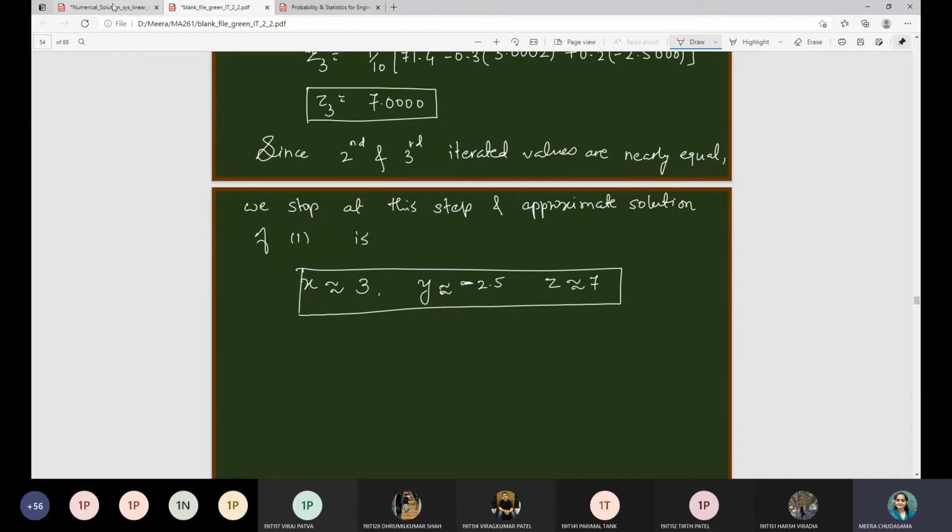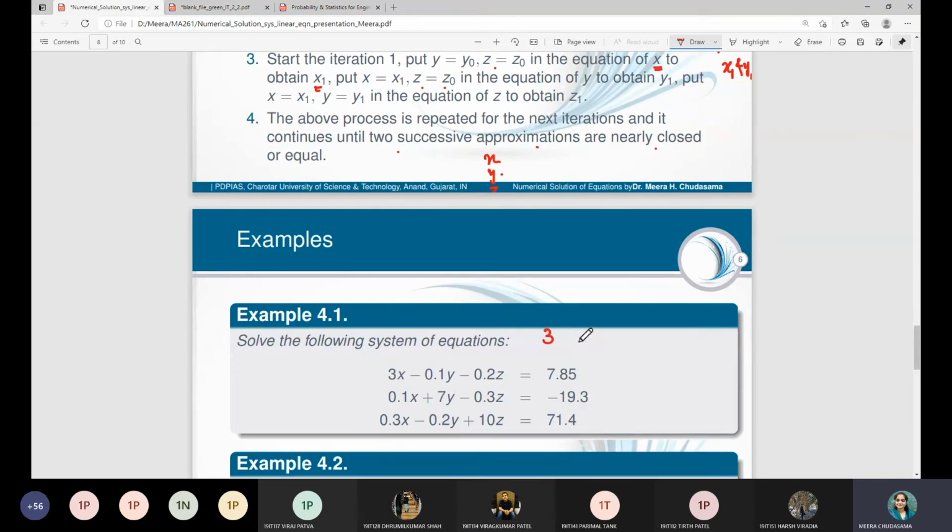3, minus 2.5 and it is 7. So let us see, 3 into 3 6, minus minus plus, when you consider, please check whether these equations are satisfied or not.